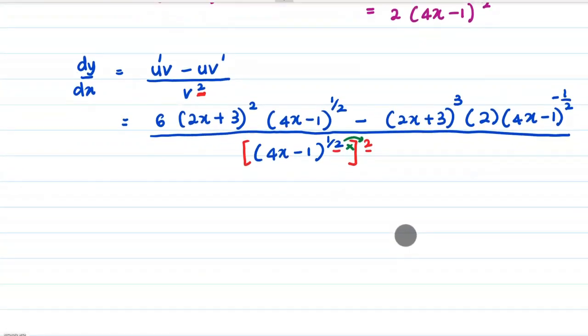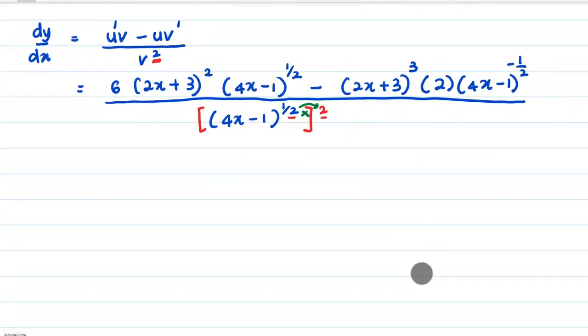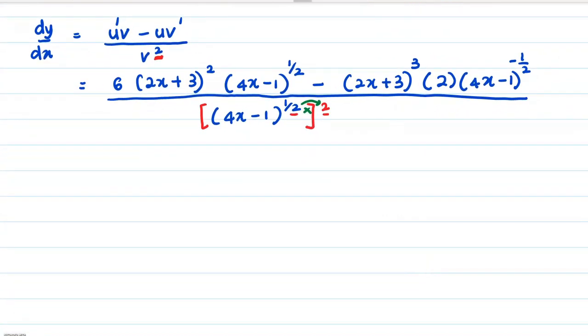Alright, now let's simplify. Let's look at here. We have similar factors in these two terms in different operations. We have 2x plus 3 here and 2x plus 3 there, and 4x minus 1 here and 4x minus 1 there. So the operation is subtraction, and the left side of the subtraction has the same factors as the right side.